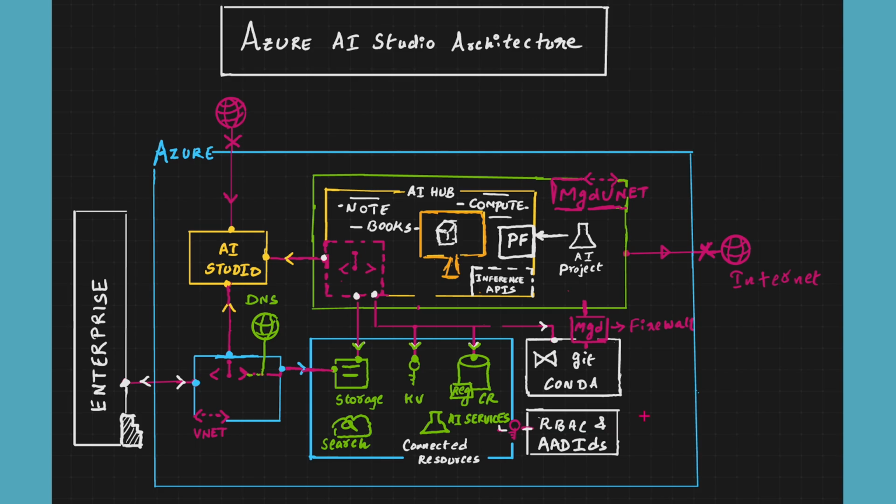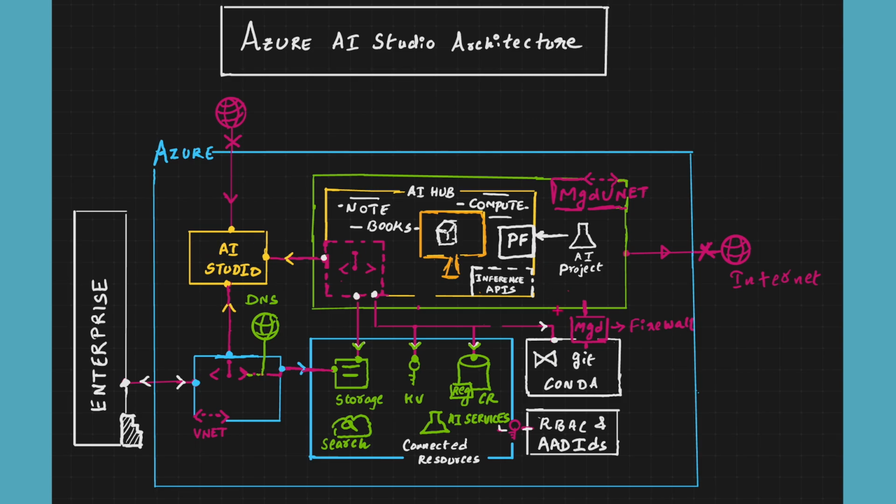Also, we will be seeing how you will be connecting various components such as Azure Storage, Key Vault, connection to other Azure AI services, a container registry, search, etc., to actually secure them and connect them to the AI Studio.